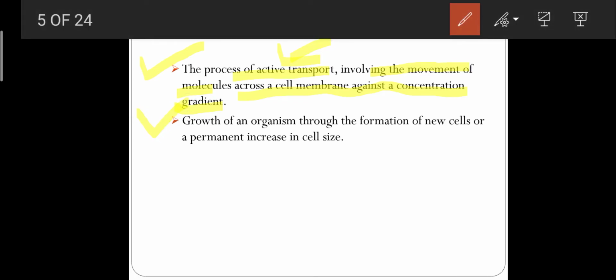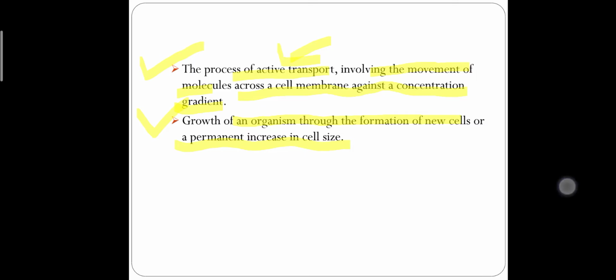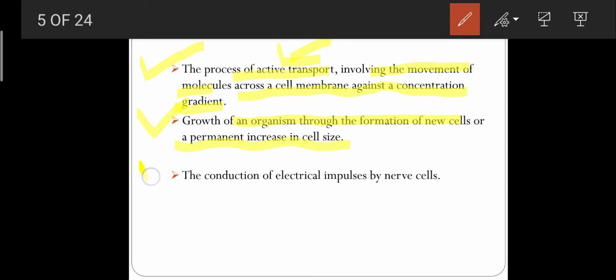Growth is also an energy consuming process: growth of an organism through the formation of new cells or a permanent increase in cell size. The conduction of electrical impulses by nerve cells is also an energy consuming process.